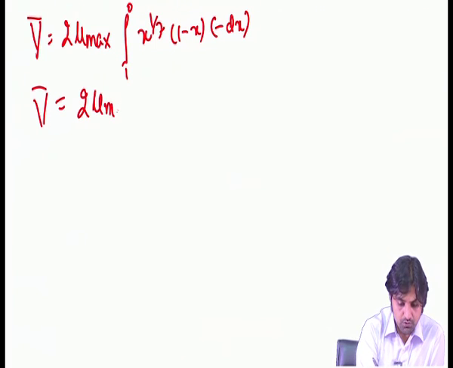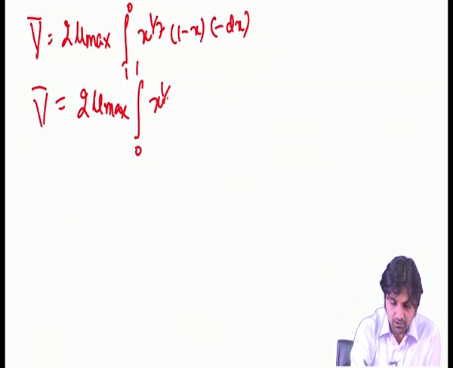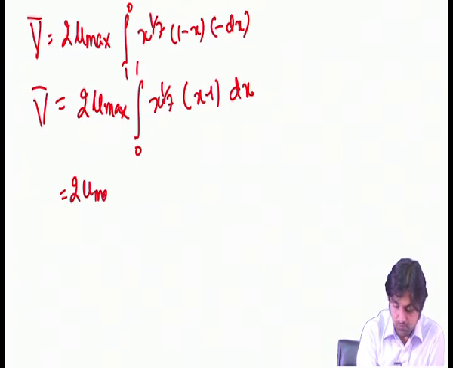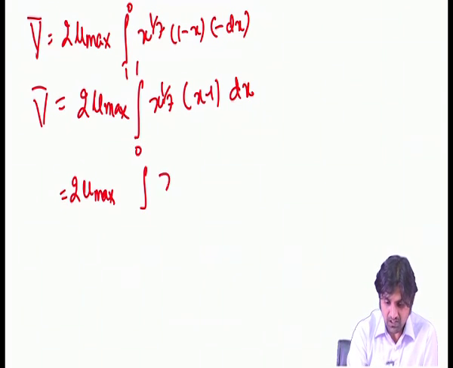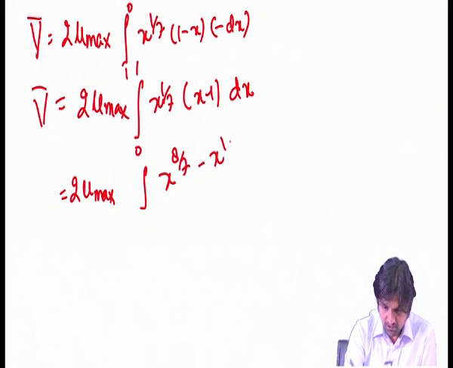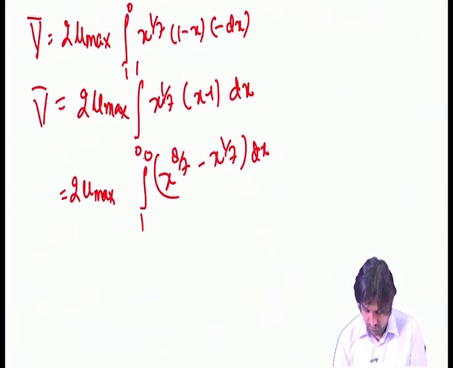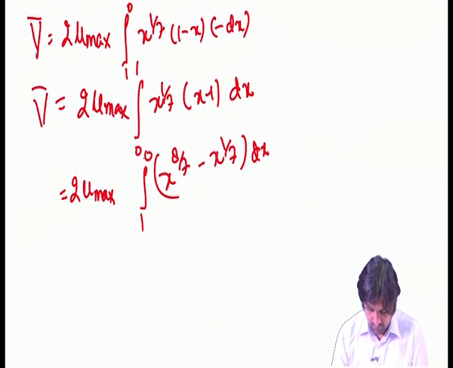So, it will be 2 u max integral 0 to 1 x to the power 1 by 7 times x minus 1 dx, or 2 u max integral of x to the power 8 by 7 minus x to the power 1 by 7 dx, with limits 1 to 0. These limits have to be checked. Okay, 1 to 0.